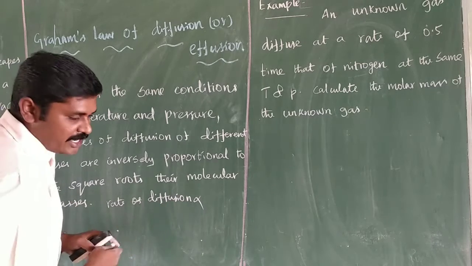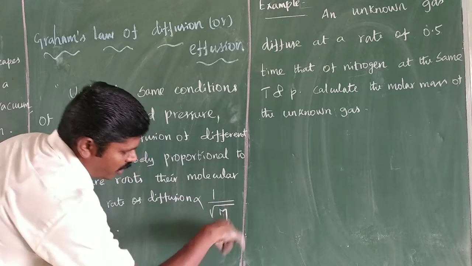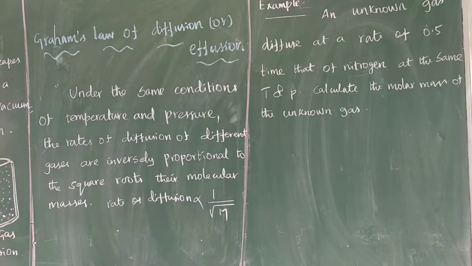The rate of diffusion is inversely proportional to the square root of molecular mass or molar mass.